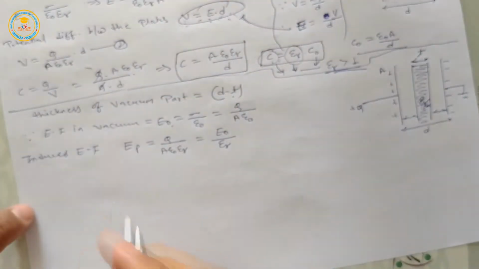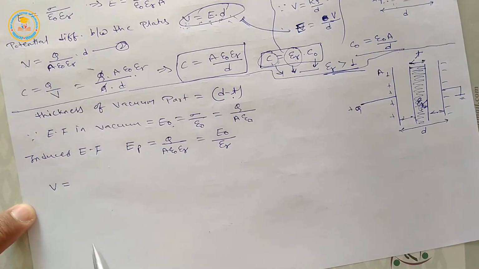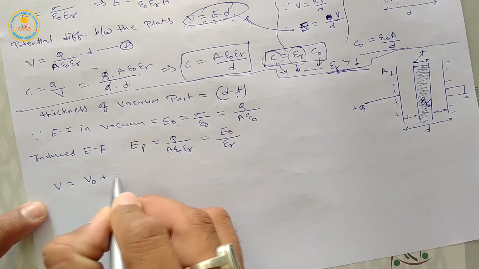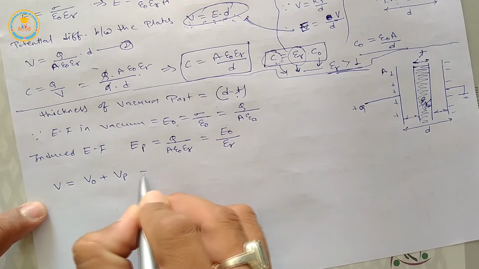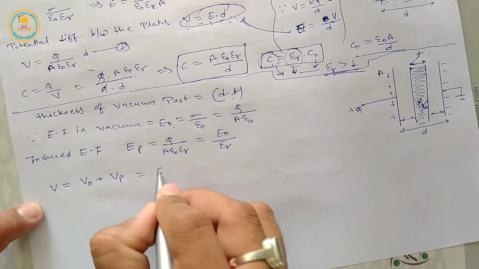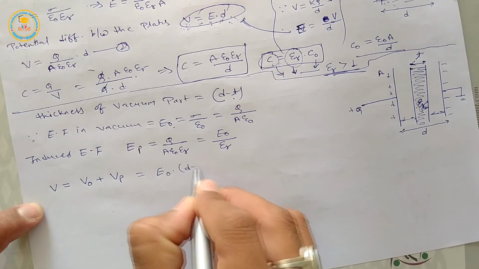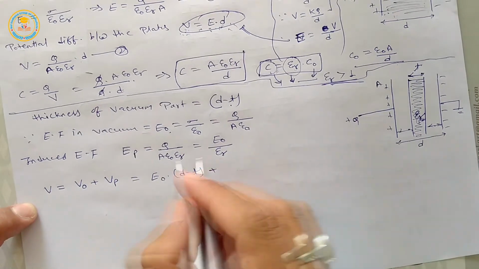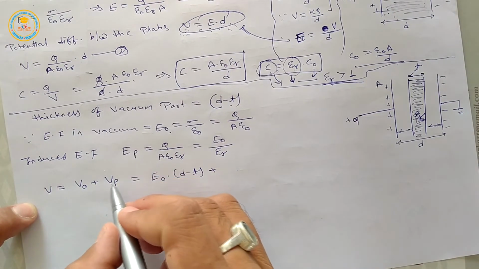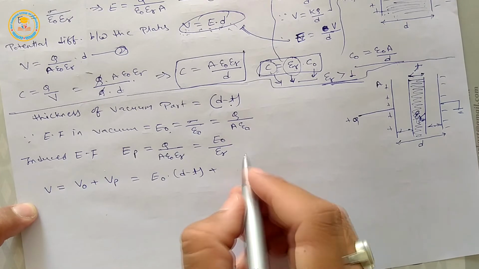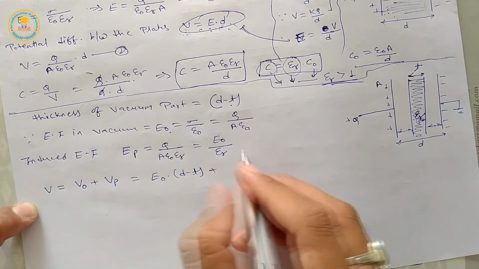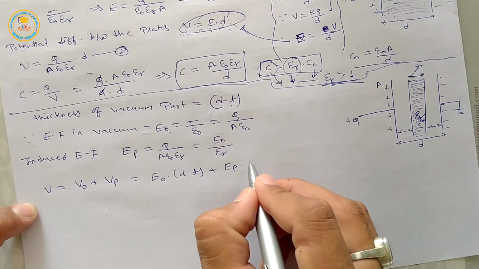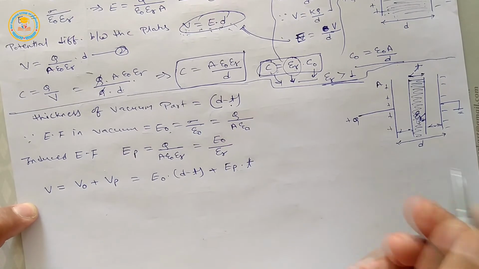So the resultant potential V is equal to V naught plus Vp, which is E naught into the thickness of vacuum d minus t, plus Vp. The electric potential in the dielectric medium is Vp, equal to the electric field in the dielectric medium multiplied by the thickness of the dielectric medium.